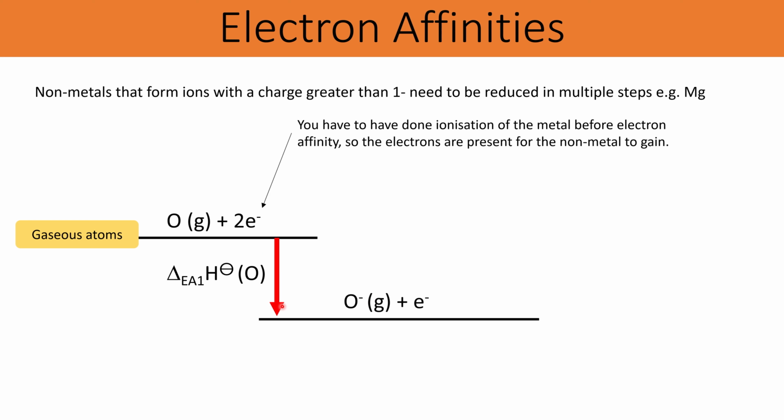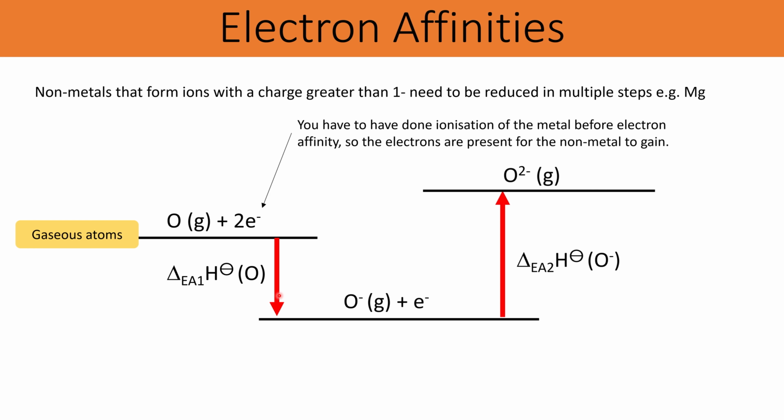Right, why is that? Because previously that enthalpy change was endothermic. You had to put energy in. Well, when you give an atom an electron, that first electron you give it is attracted, and because it's attracted, it's a bit like forming a bond. So it's exothermic because the attraction releases energy in that first electron affinity. So you always get an exothermic change for your first electron affinity because there's attraction between that incoming electron and the nucleus of the atom.